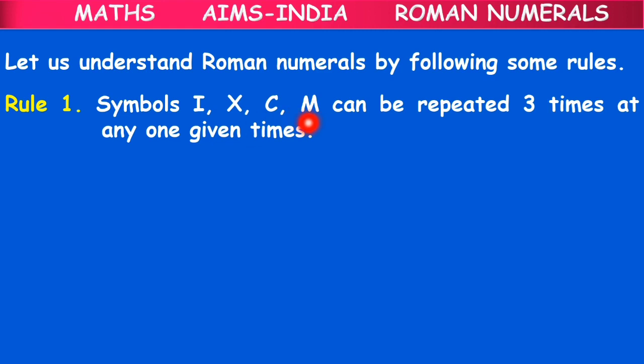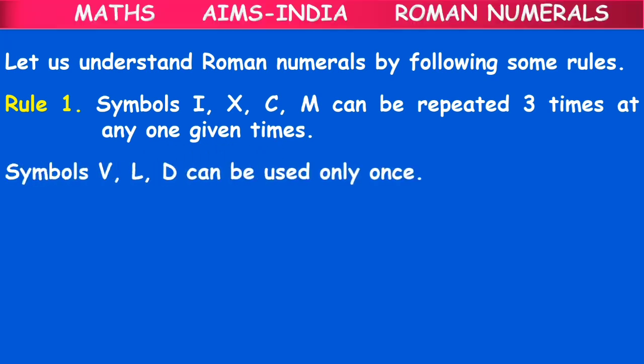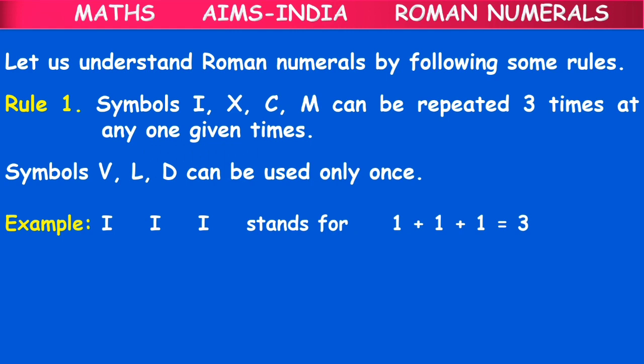Symbols I, X, C, M can be repeated 3 times at any one given time. What they mean is that in any given Roman numeral, these symbols I, X, C, M can be repeated 3 times maximum. When I say maximum, it means not more than 3 times in a given number.